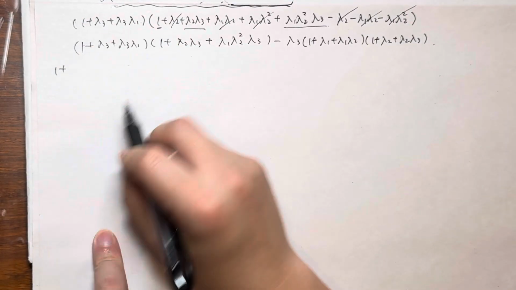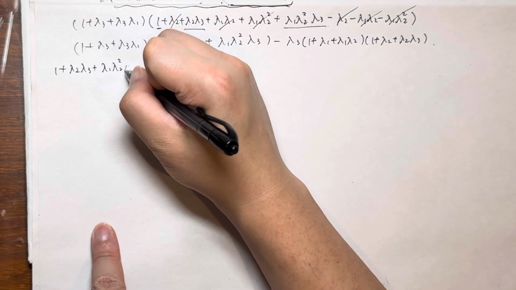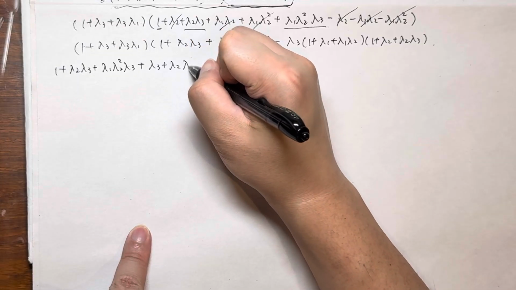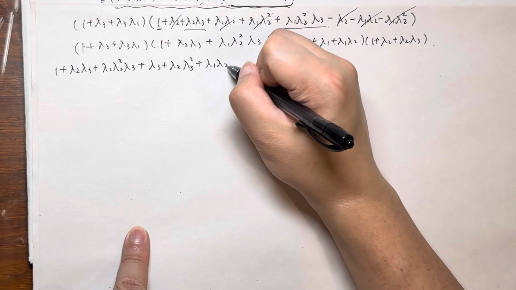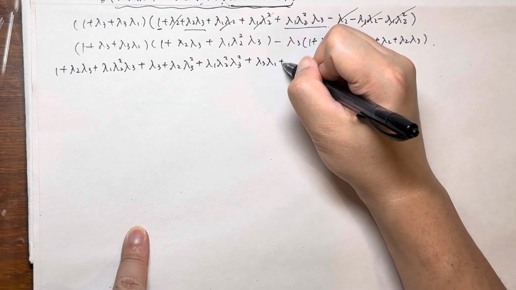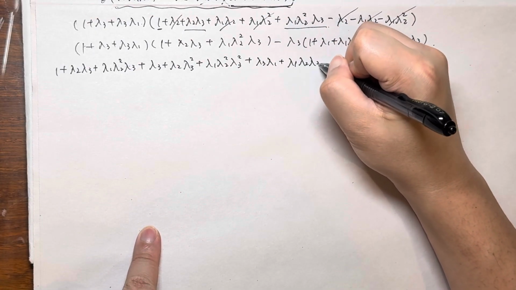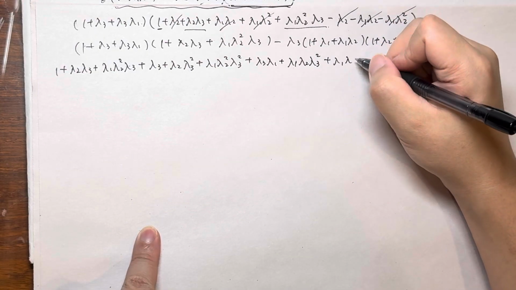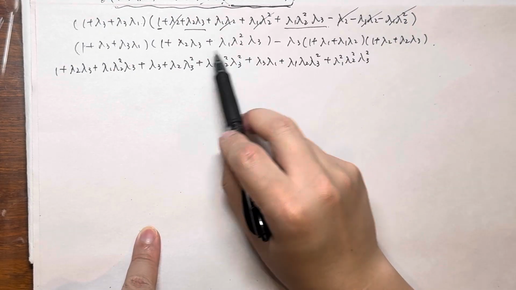We have 1 plus lambda 2 lambda 3 plus lambda 1 lambda 2 square lambda 3 plus lambda 3 plus lambda 2 lambda 3 square plus lambda 1 lambda 2 square lambda 3 square plus lambda 3 lambda 1 plus lambda 1 lambda 2 lambda 3 square plus lambda 1 square lambda 2 square lambda 3 square, right?